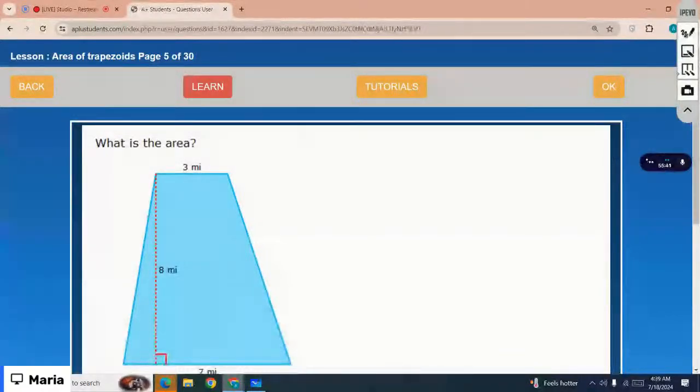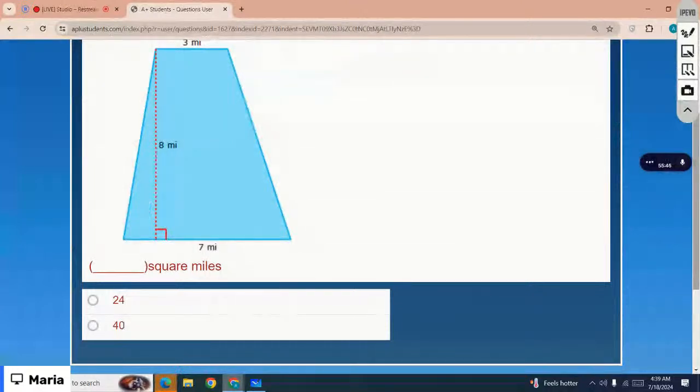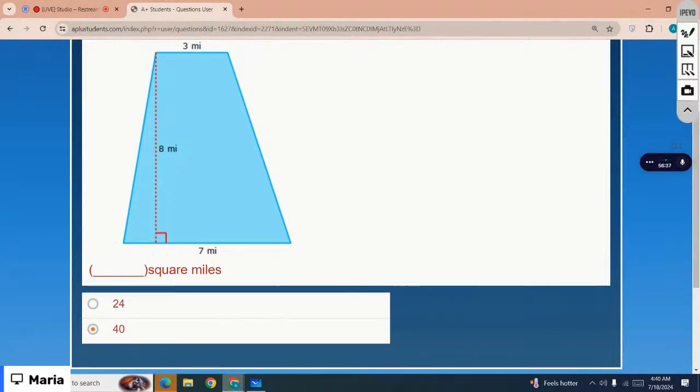Okay, what is the area? So which is the correct option? Yes, 40 square miles. The correct option is option number 2.